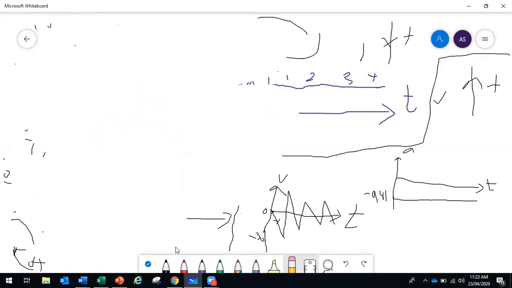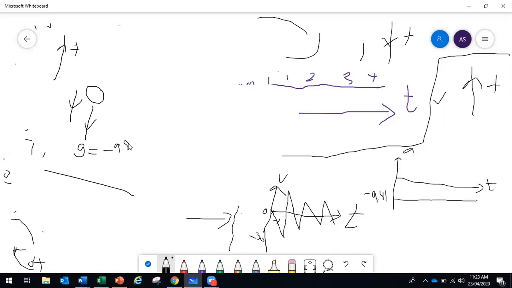Okay, so let's say we take upwards as positive. When the object is going down, the gravity is pulling it down, so the acceleration is negative 9.81, right?